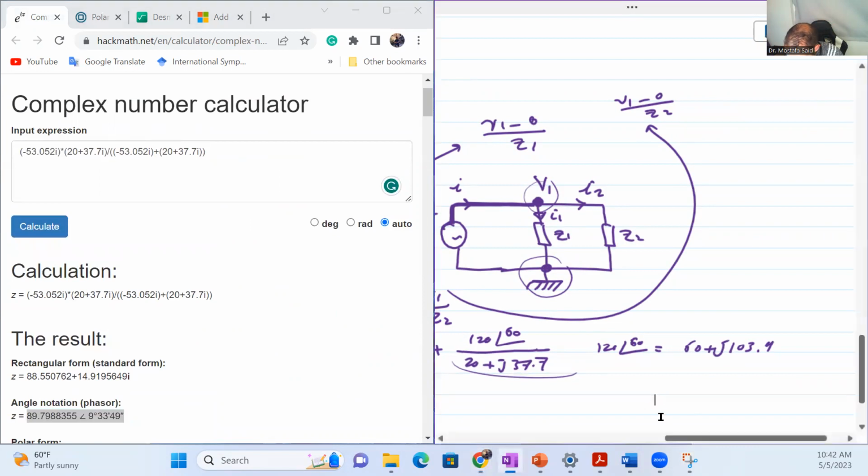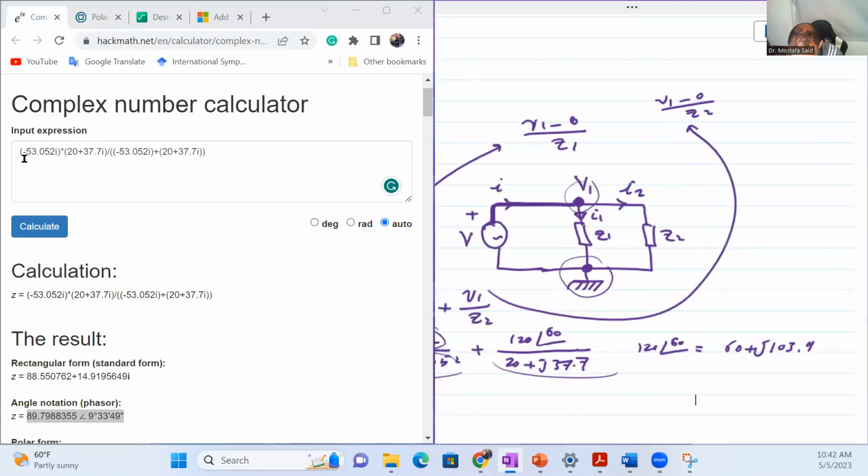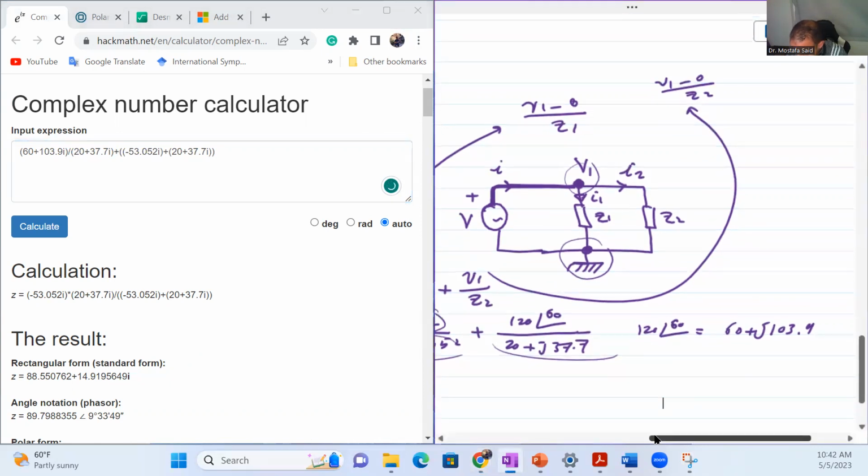So 60 plus 103.9 j, divided by, and luckily we have it from before, 20 plus j 37.7, and here this will be plus, because we're going to add.